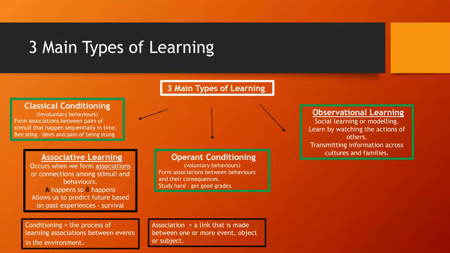It's about associating pairs of stimuli together so that learning takes place. For example, with a bee sting, you learn through being stung by a bee that it's a source of pain, therefore you develop a fear of a bee. It's an association between a bee and a sting and pain. It's about linking those things together. So we're forming associations or connections amongst stimuli.